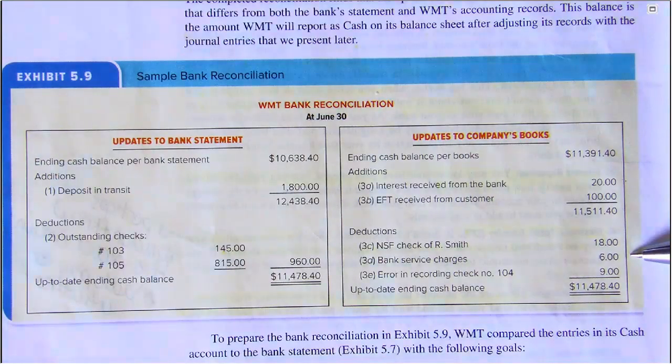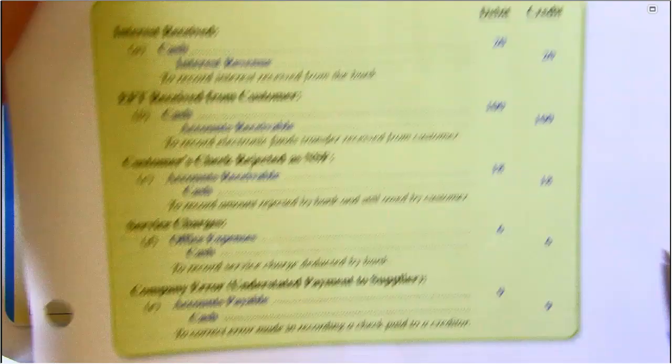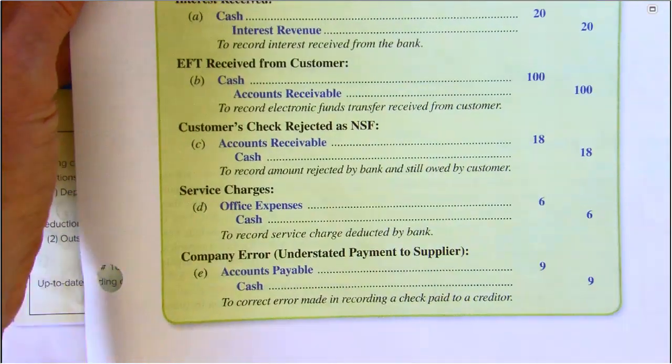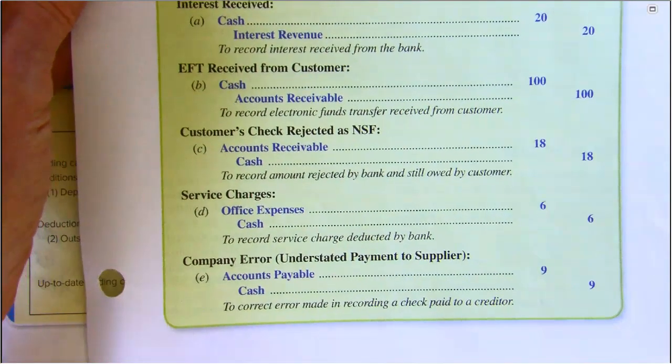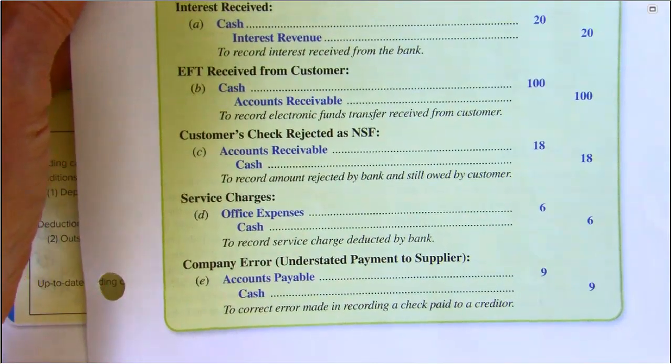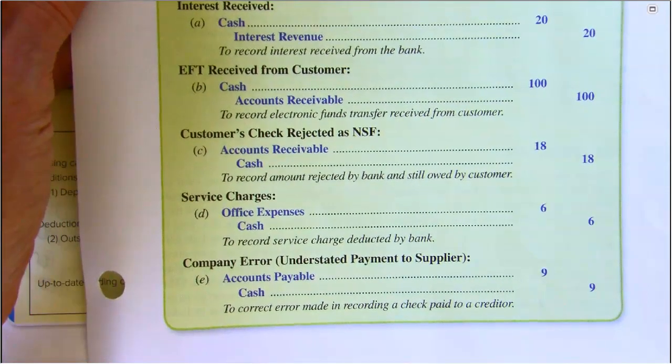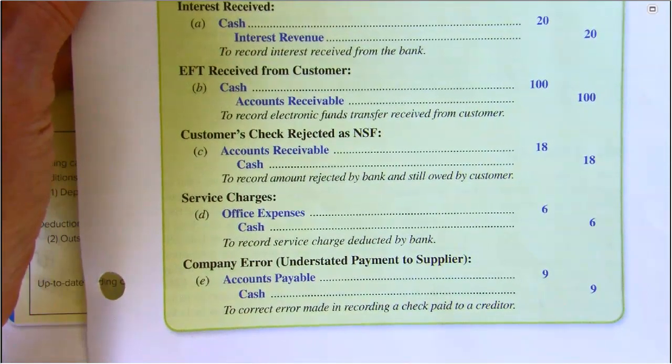For the service charge, our textbook likes to use the account office expenses. So we'll credit to reduce cash, and we will debit office expenses. In the real world, I usually create an account called bank service charge expense so companies know how much the service charge is, because it's usually a lot more than $6, usually hundreds of dollars.